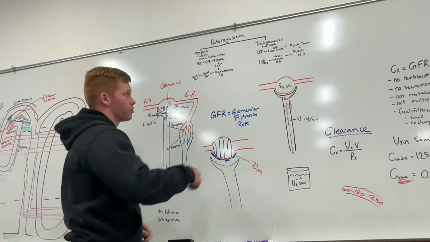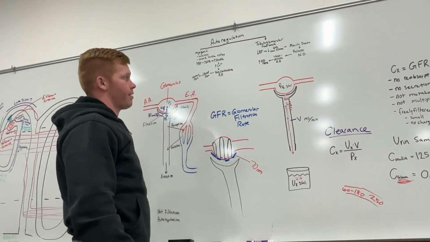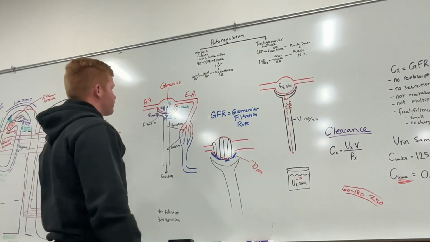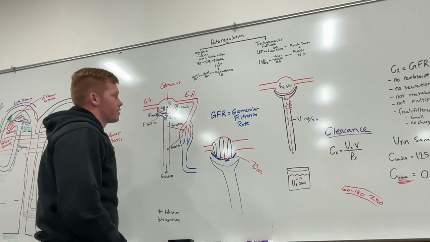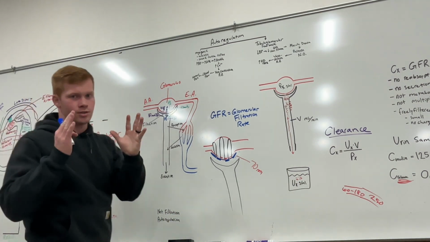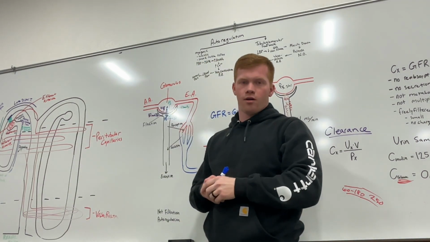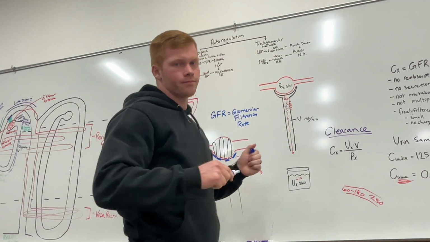But there's another thing called tubuloglomerular feedback. And this one's cool because it involves something called the macula densa. We talked about it over here. That's the thing that's in between, it's like the first part of the distal tubule.